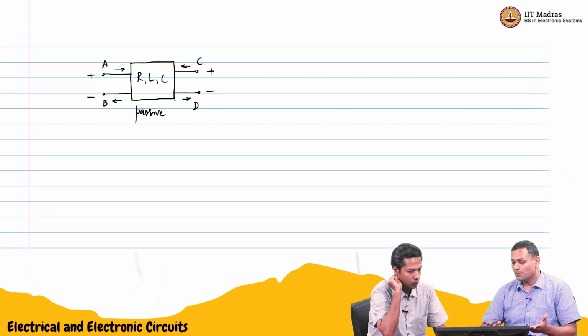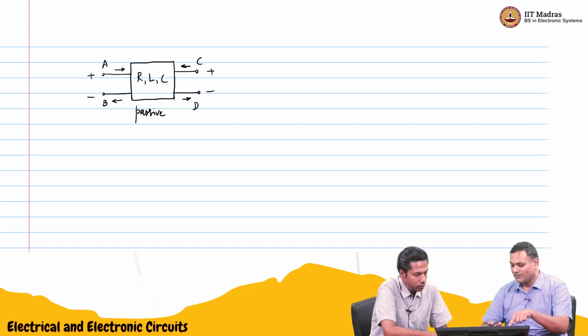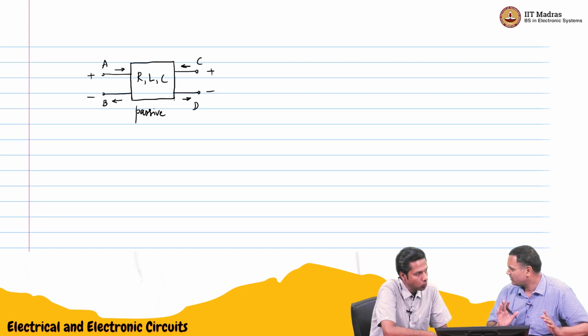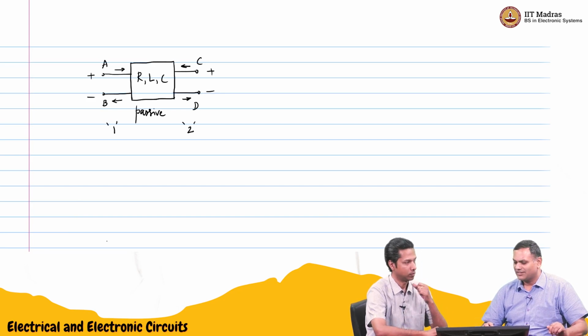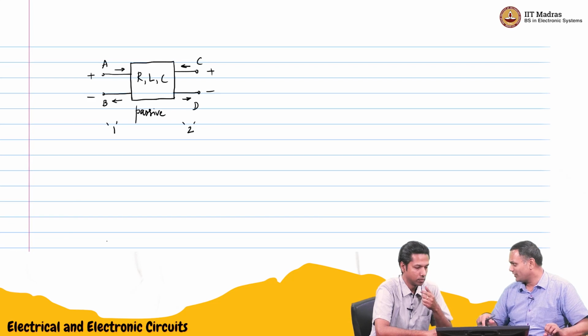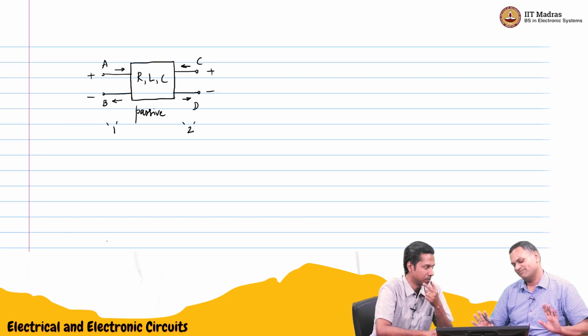So now we have 1 voltage and 1 current at the input, 1 voltage and 1 current at the output. We will give some variable for that. Normally the input port will be port 1 and this will be port 2, which makes it easy to give subscripts.